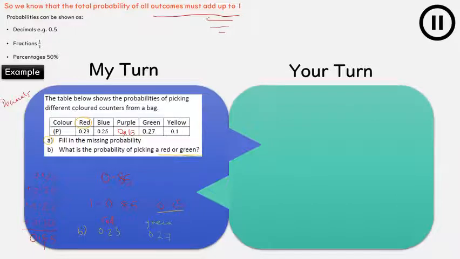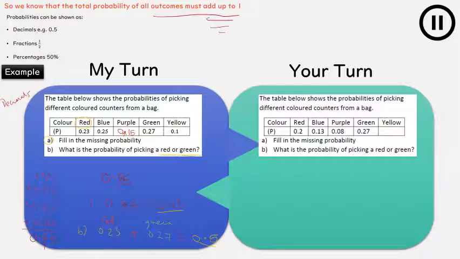So the probability of picking one or the other, I've just got to add those two together. 0.23 plus 0.27 gives me 0.5. Okay, so that's my example there. Remember, I was given the probabilities in decimals, so I gave my answers in decimals. Your turn now, very similar. Have a go at these two questions, pause the video, and then we'll go through the answer.